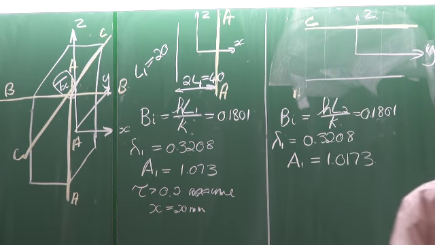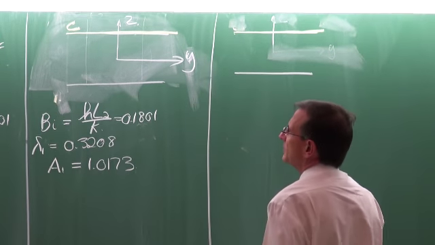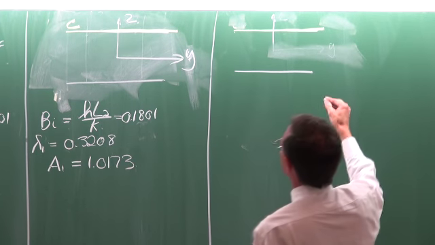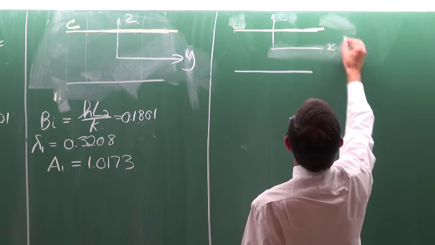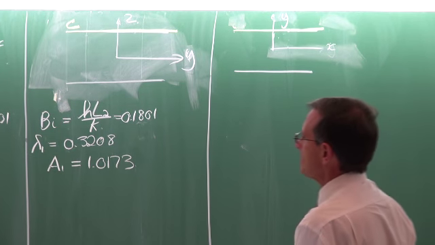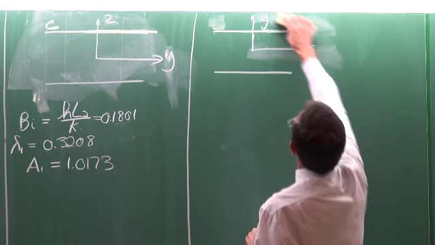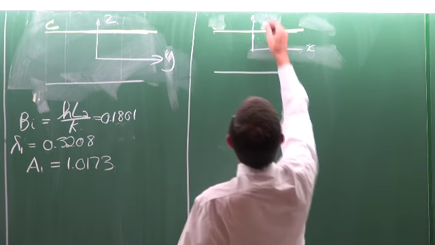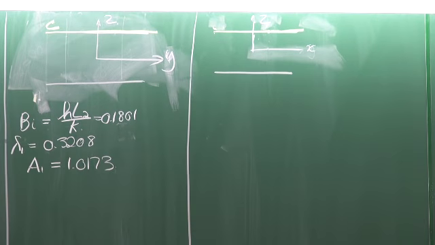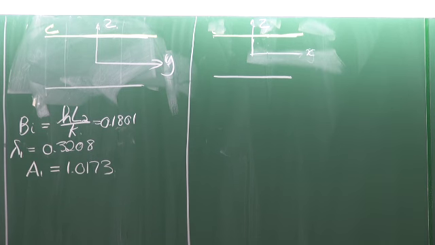C. X, Y, Z. That's right? Okay. You get yourself confused very quickly, as you can see.